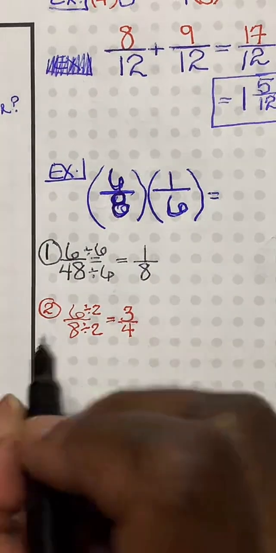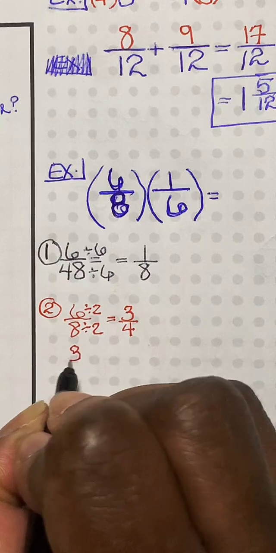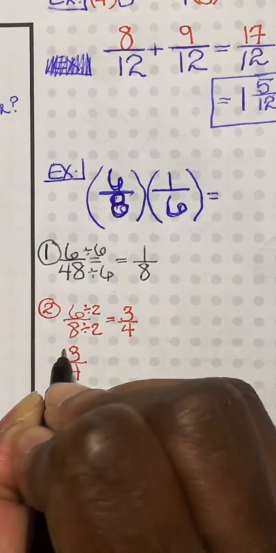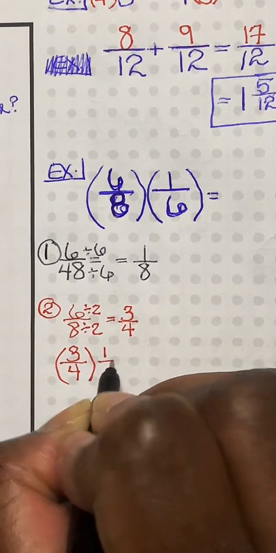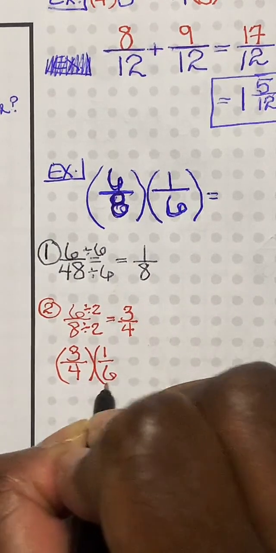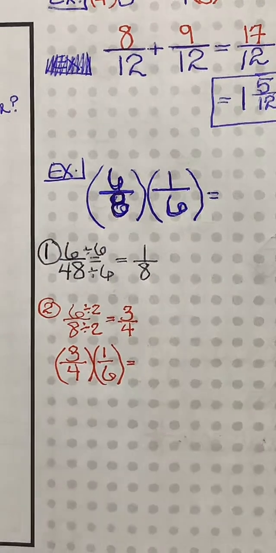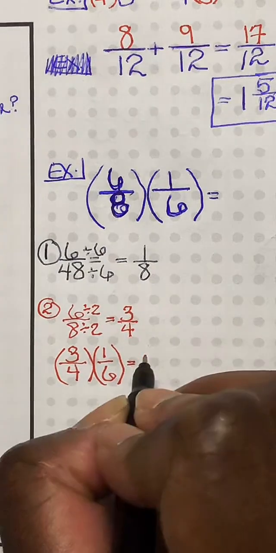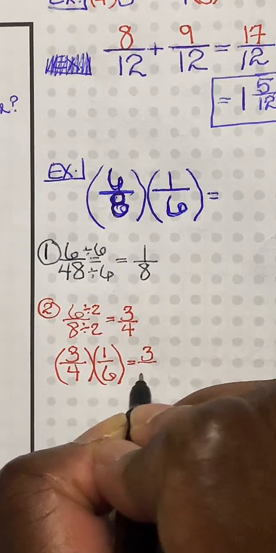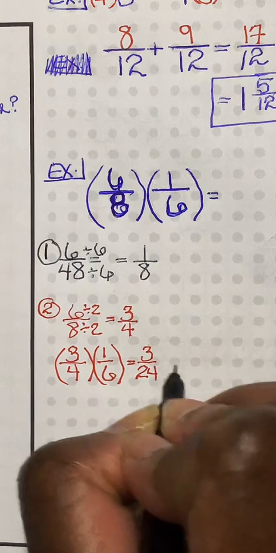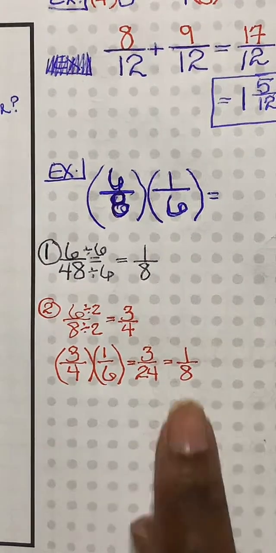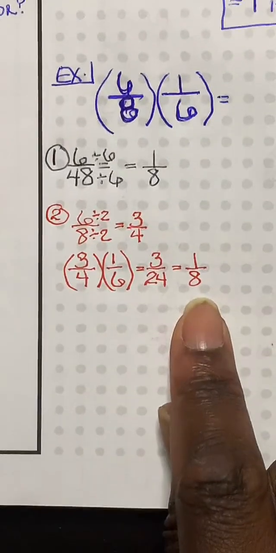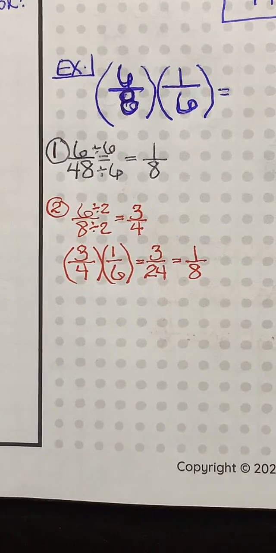Then I can take that 3/4 and multiply it by the 1/6, then reduce. Still gives me that answer of 1/8. Okay?